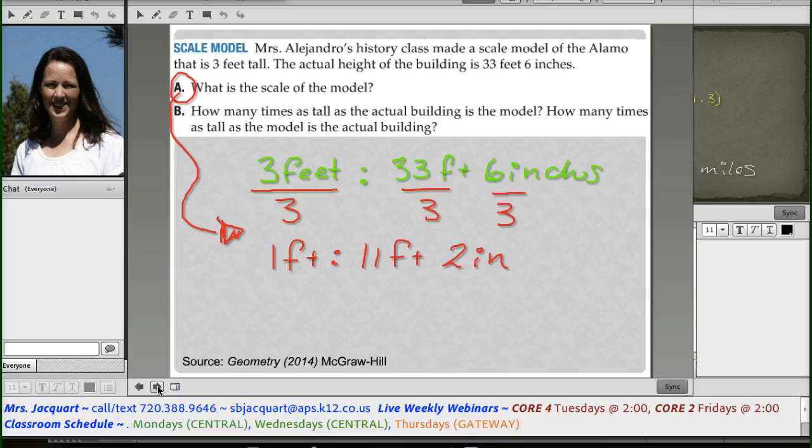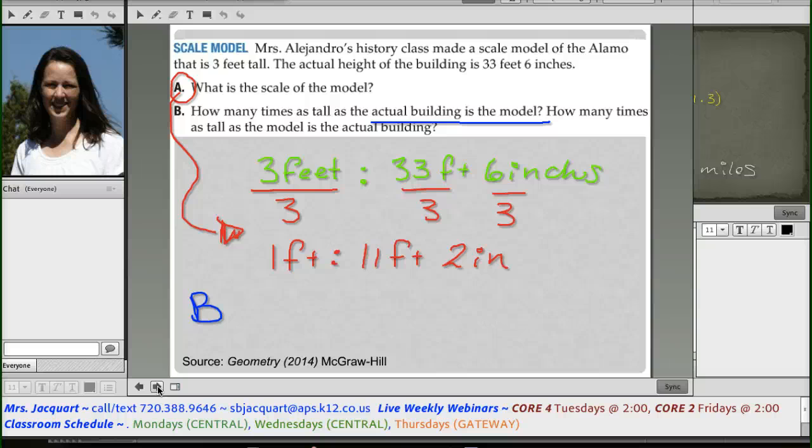How many times as tall as the actual building is the model? Okay, so for B, how many times as tall as the actual building is the model?